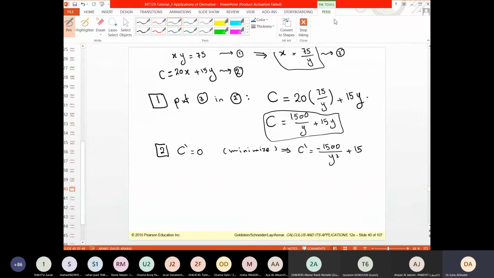Do you remember when I told you to always memorize the derivative of 1 over x? It's minus 1 over x squared. So what's the derivative of 1 over y? It is minus 1 over y squared, and I have the 1,500 there. Let this equal 0. So I have minus 1,500 over y squared plus 15 equal to 0.